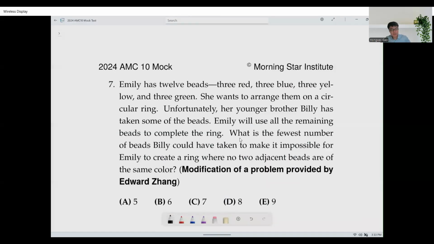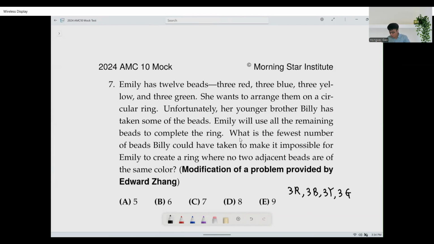Let's do question 7. Here, Emily has 12 beads: 3 red, 3 blue, 3 yellow, and 3 green. She will use these beads to make a circular ring. Her brother takes away some beads.